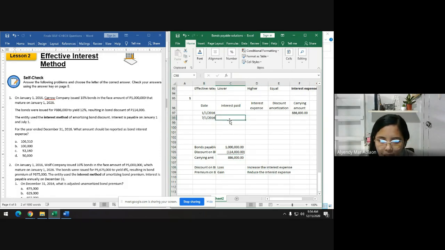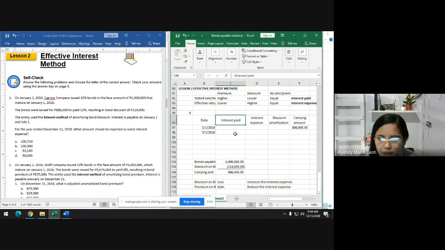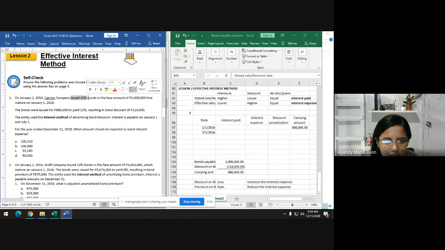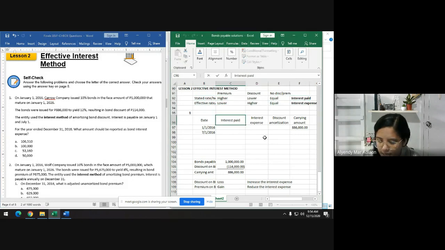Okay, interest paid. First, interest paid would be based on the stated rate. How much is the stated rate? 10%. So class, take note, interest paid is what is paid to the bondholders. Bondholders no longer know the carrying amount or the discount on bonds payable.